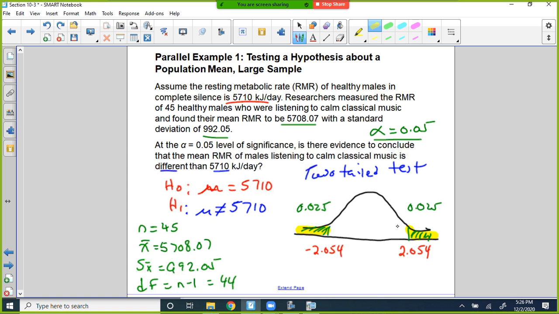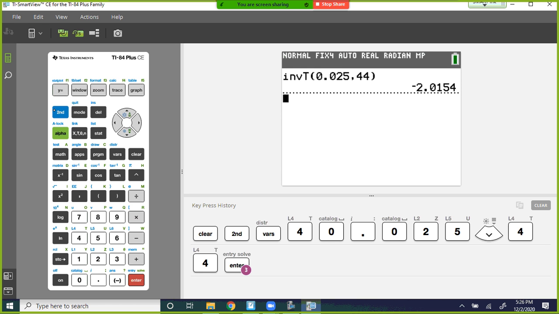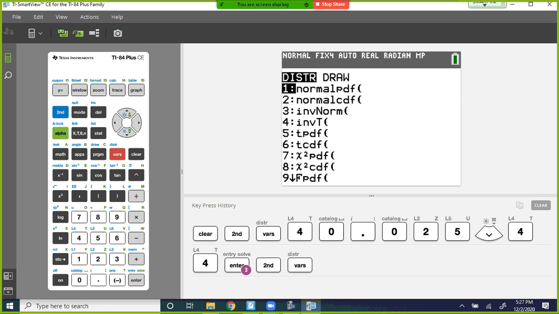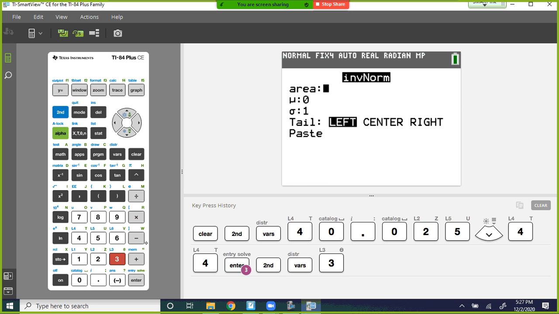With our alpha levels, once you find and draw it out, whether it's a left tail, right tail, or two tail, you could go to number 3 where you would put the area underneath it, right? On mine, it says left, center, or right. That's talking about the tail.